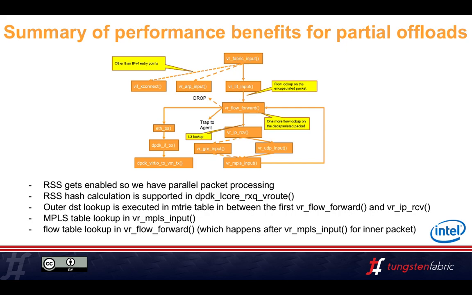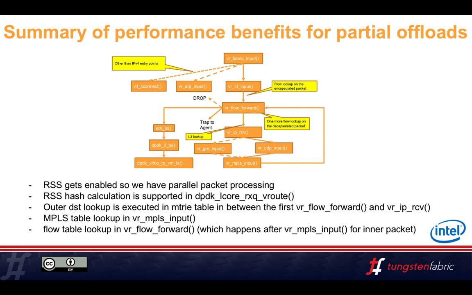So that's pretty considerable, thinking of the whole data path that we had to go through and have several lookups, as I mentioned, because the vRouter has several tables to look at. Now we can avoid a big portion of that. With partial offloads right now, we cannot do encapsulation and decapsulation.